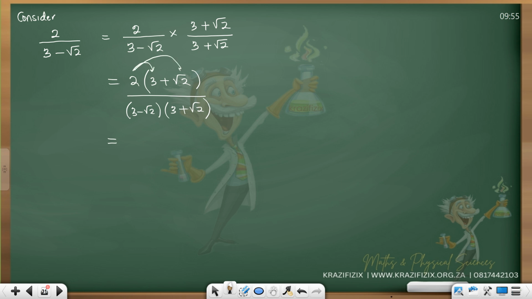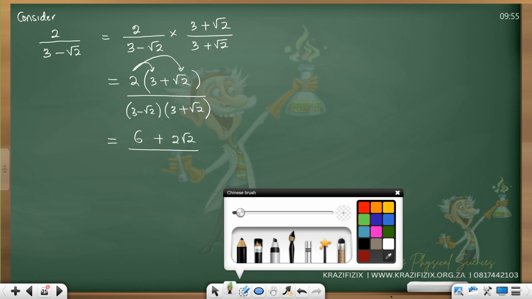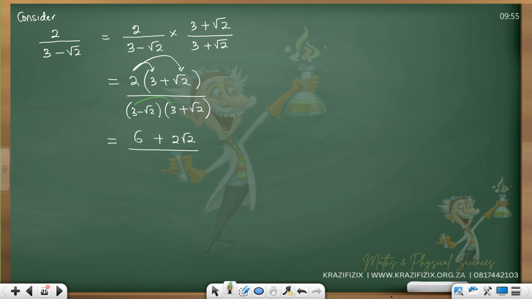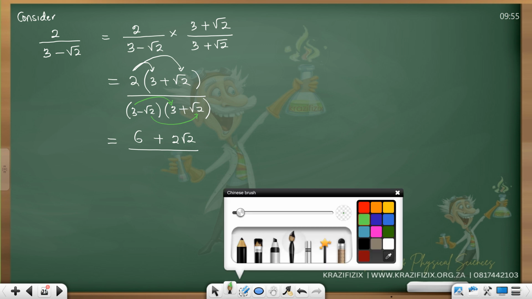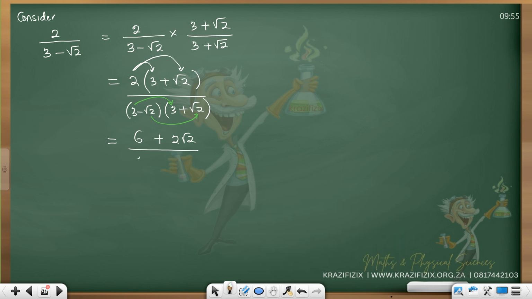Now what do we do? I distribute. 2 times 3 is 6 plus 2 root 2. Now let's deal with this one. Because it's a product of difference of two squares with its conjugate, I can simply multiply. What is 3 times 3? 9 minus root 2 times root 2 would give me 2.